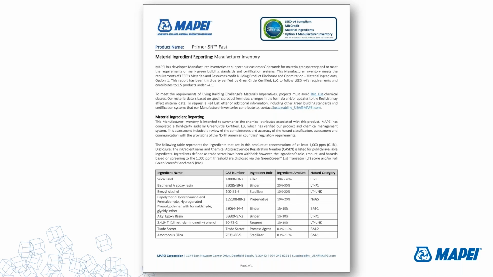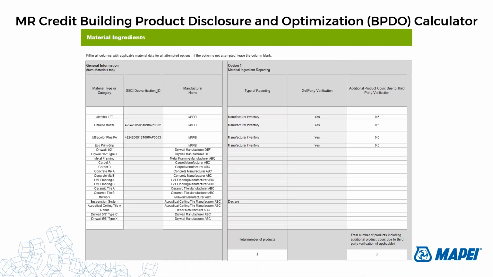It is optional, but MAPEI does go through third-party assessment and verification by Green Circle because it holds us accountable and avoids greenwashing, which we don't want. And also because of MAPEI's third-party verification efforts, it's also a bonus for customers. These third-party verified material ingredient reports are worth 1.5 products under LEED version 4, and I'll explain that next.